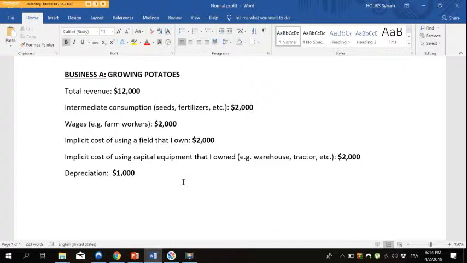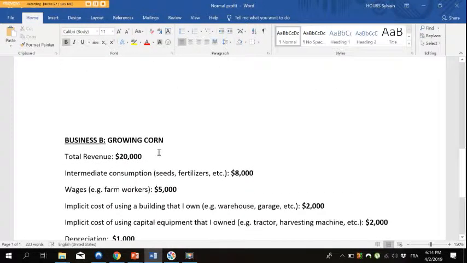So basically, the farmer just has to determine how much output he wants to produce, and he will get the total revenue. Let's say that he anticipates he can get $12,000 as total revenue if he grows potatoes, and he could make $20,000 of total revenue if he decides to grow corn.